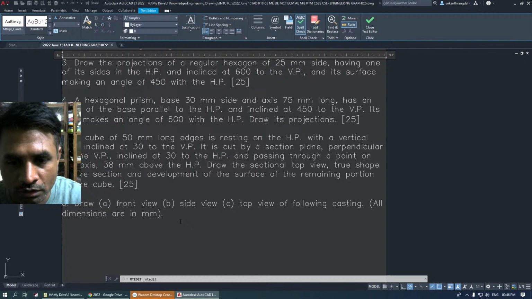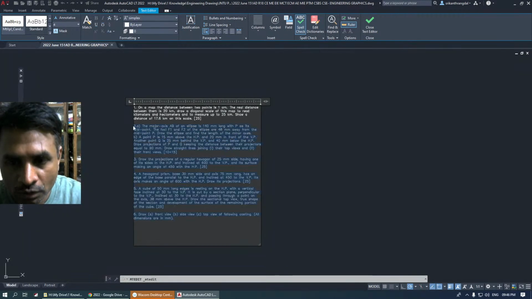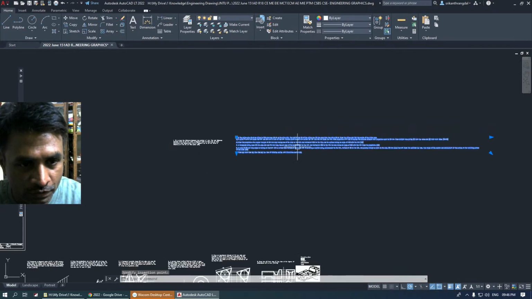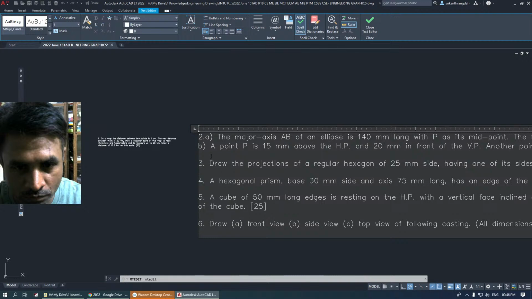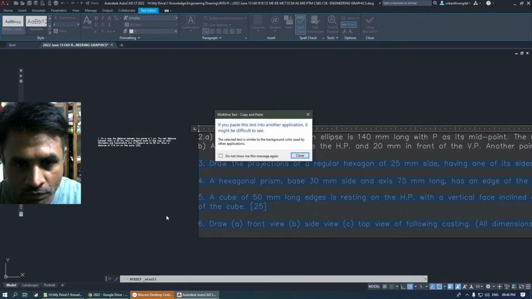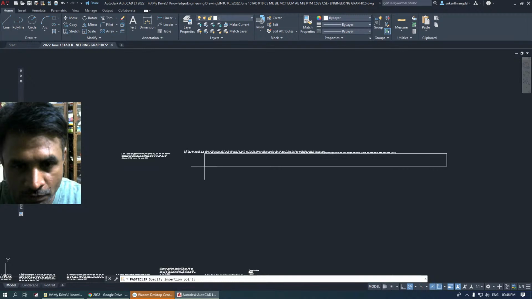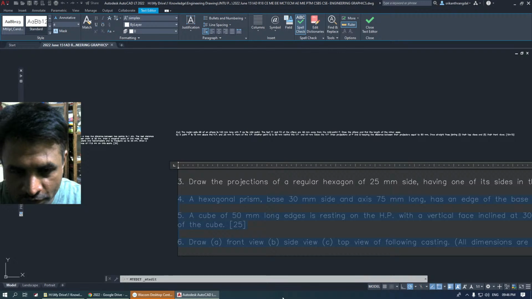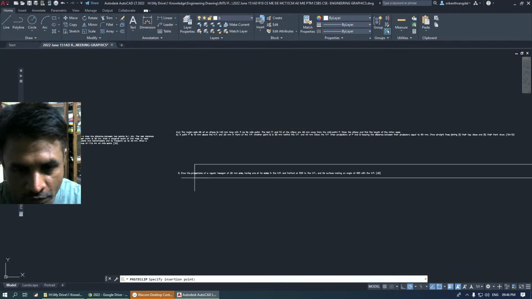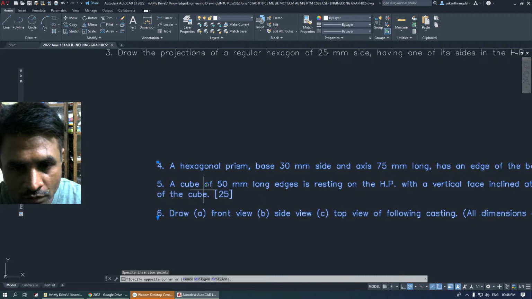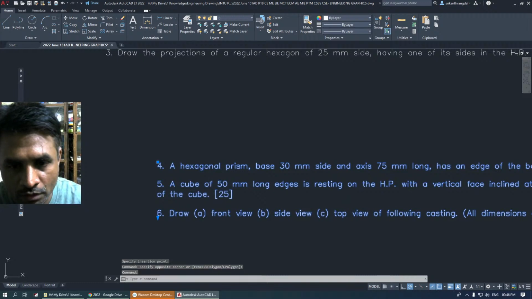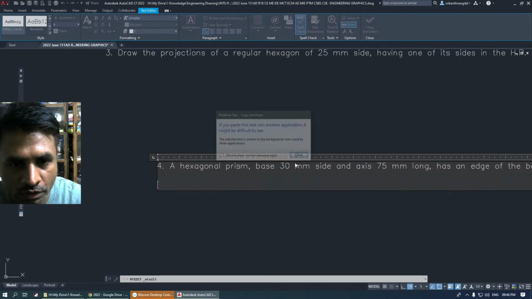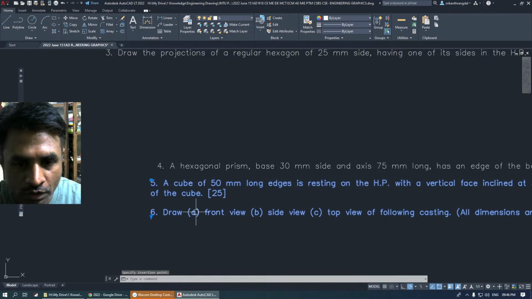I have to cut that off and place it in a new one. I'm going to paste it. Each question I want to separate into its own text so that each of them can be solved separately.